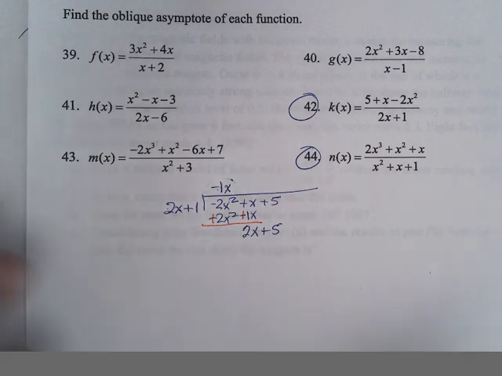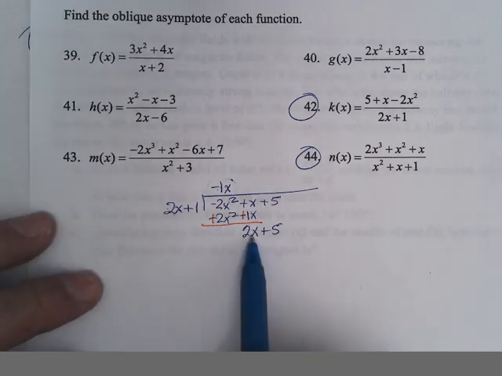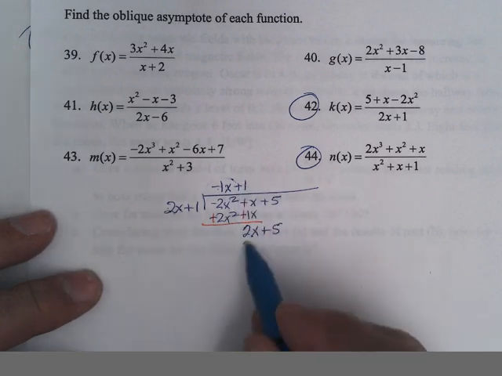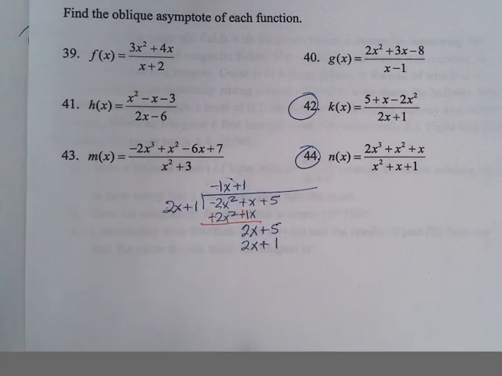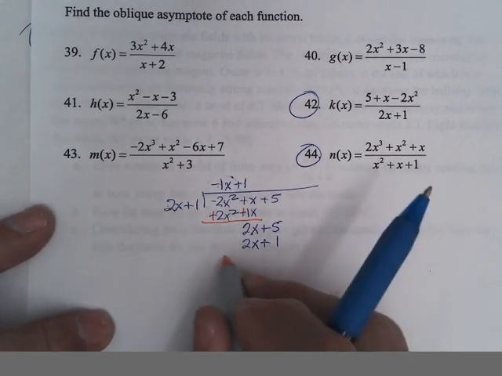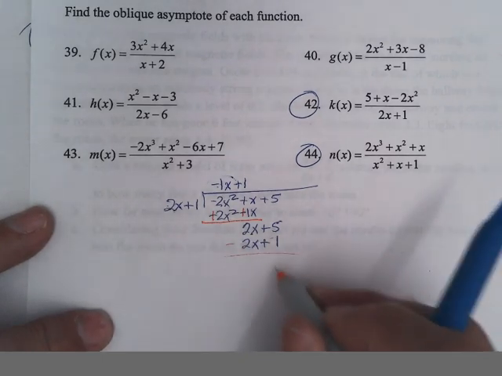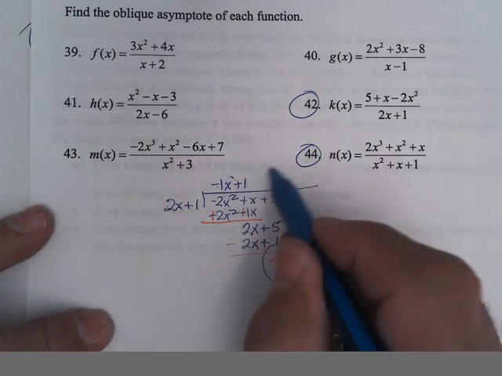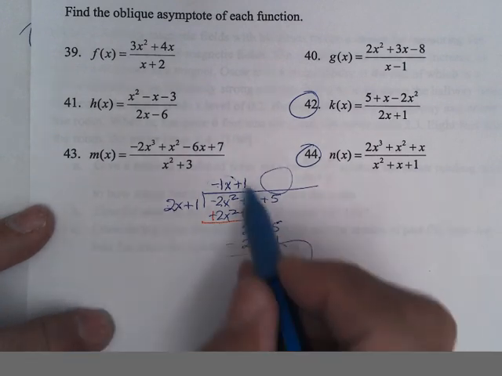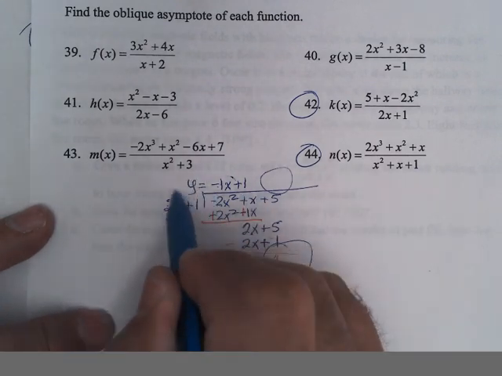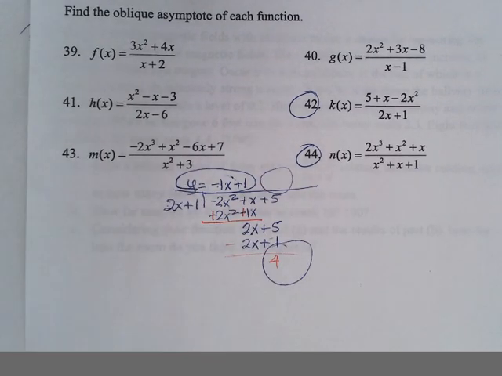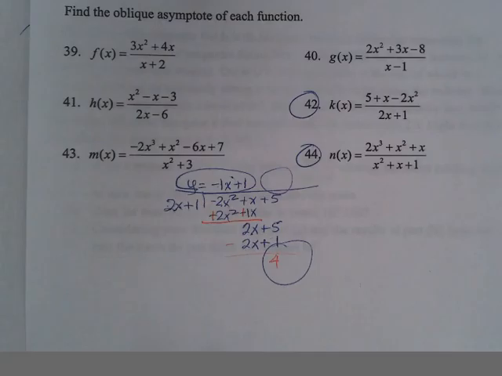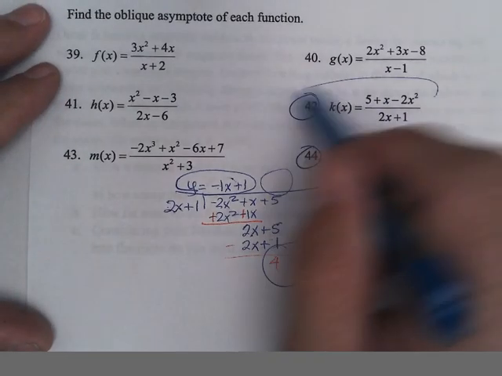Now I've got to do 2x times what makes this, and that would be plus 1, and 1 times this would be 2x plus 1. I can draw the line and change the signs and add and get 4, but I don't really care about the remainder because that will go to 0 when x gets really large. Here is the equation of the slant asymptote. It's got a minus 1 slope, goes through plus 1 for this one.